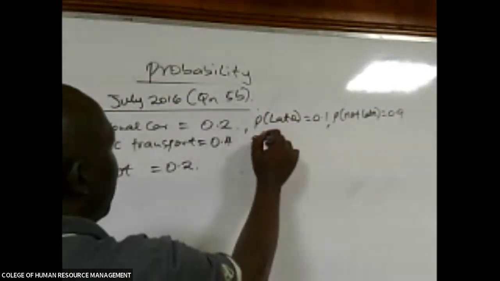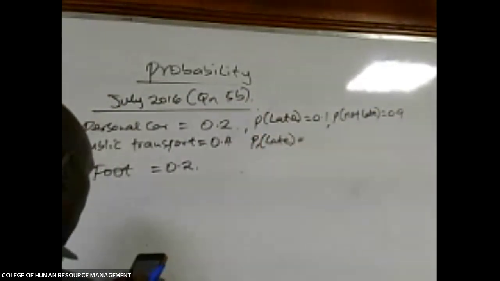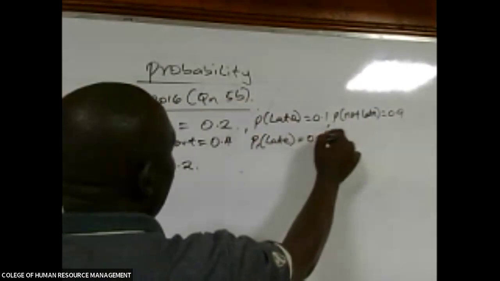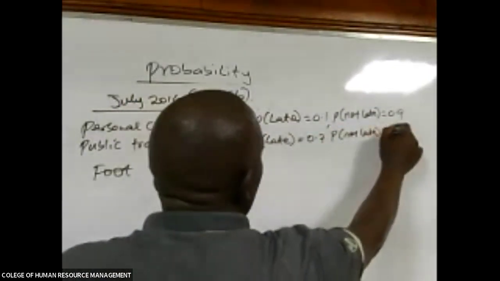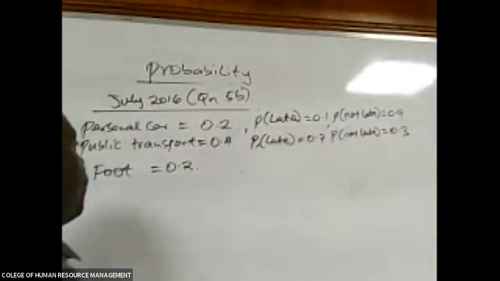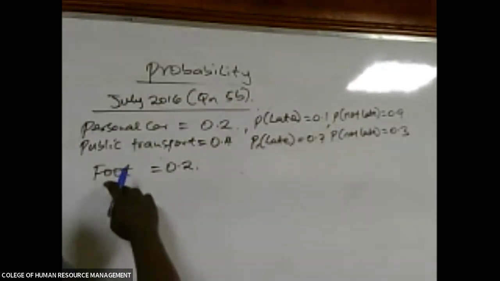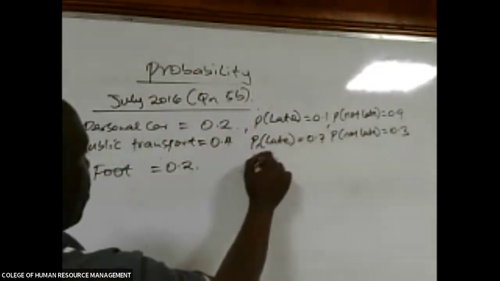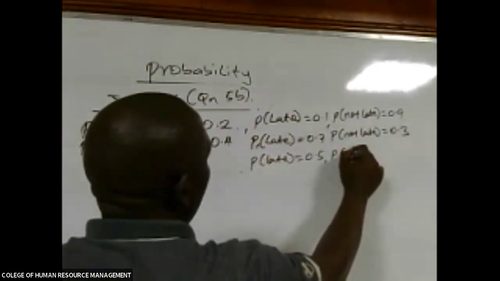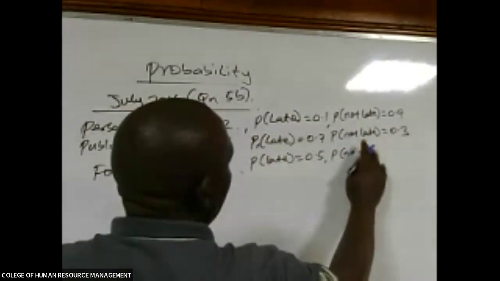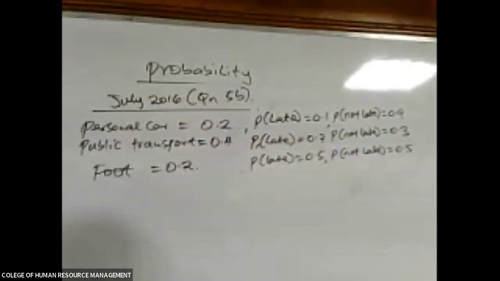The probability of being late, if he uses public transport, is 0.7. Meaning the probability of not being late is 0.3. The probability that he is going to be late when he uses his feet is 0.5. Probability of not being late will also be 0.5, 1 minus that.